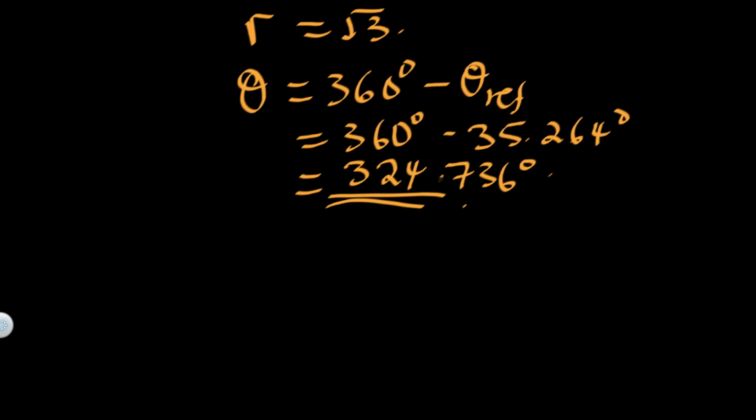Which means we can now write our complex number. I'm going to write it afresh. It is root 2 minus i raised to the power of 6.